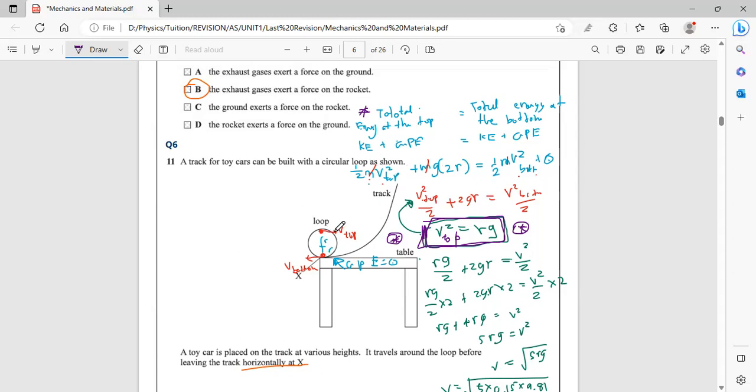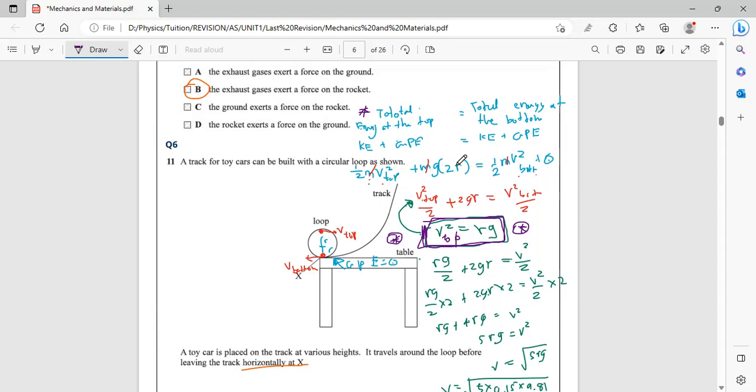Height is equal to 2r, r is the radius. Then at the bottom, kinetic energy is half m v bottom squared plus GPE is 0.